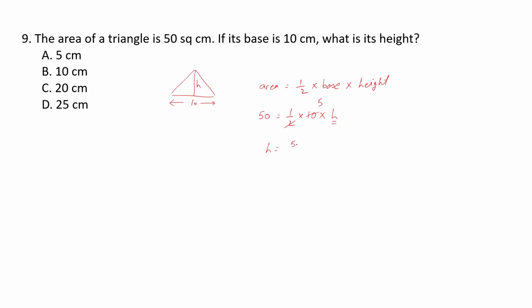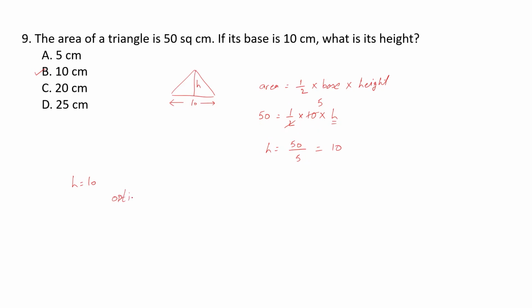So, just do this. This 5 will go this side. So, h is equal to 50 upon 5. Because 5 here on the right side of equal to is in multiplication, when you take this 5 to the left side of equal to, it will go in division. So it is 10. So height h is equal to 10.